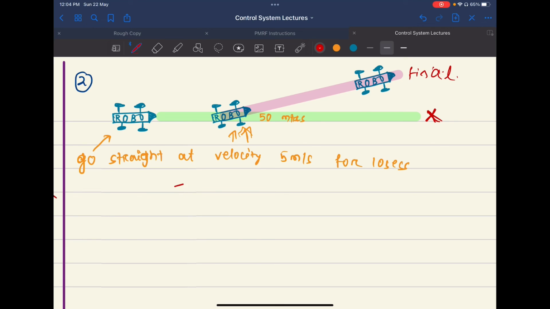This is our output, and this is our reference. So my error, how much I have deviated from my reference, will drive the system. If I take the reference as V and the output as Y, then the error will be V minus Y. This will drive my system G.